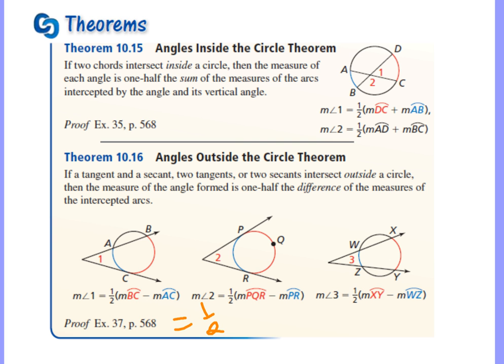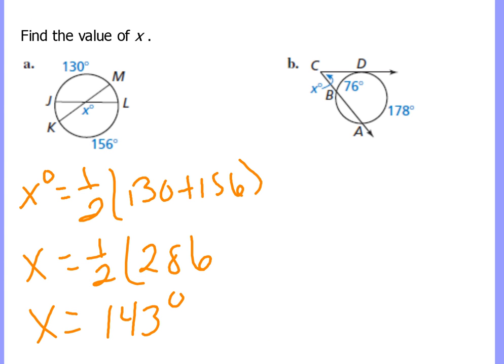So half of the big minus the little arcs. I'll put little arc symbols on them as well too, okay? And I just always think that it's a lot easier to remember than everything that it says on this theorem. So let's take a look here of how we can utilize this.